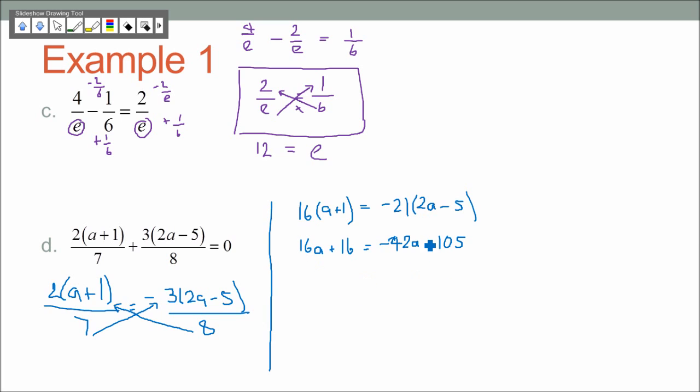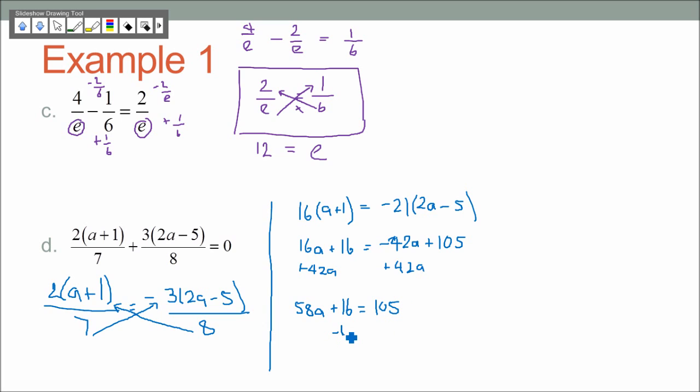Alright, now we've got a two-step equation which we can rearrange. So let's add 42a to this side, add 42a to this side. So that will give us plus 58a plus 16 equals 105.